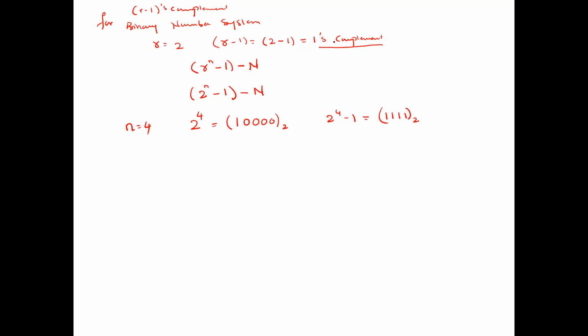In decimal, we used to get the nines complement, right? Take n equal to 3. 2 raised to 3 is 8. If I represent 8, it will become like this. Again, 2 raised to 3 will contain a single one followed by n zeros. And again, if you substitute r raised to n minus 1, then it will become 7. So we are going to write 7 like this.